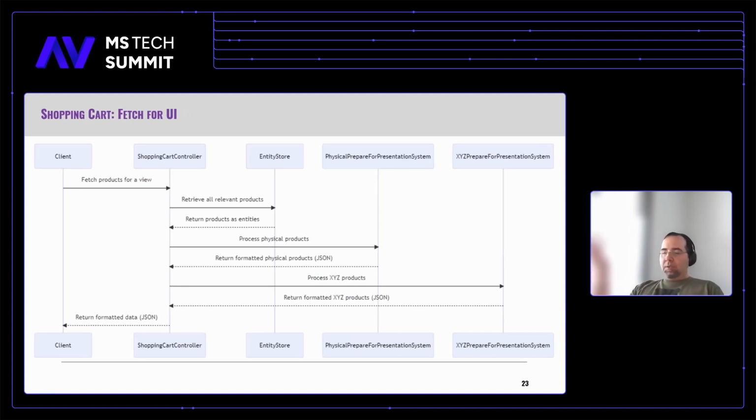For example, for each physical product, there will be a physical UI formatting system, right? But if you have physical and downloadable product, you will have a separate system that might need to take into account the two components that are attached to a certain product, right? And in this case, you will have isolated logic per product type, and the ECS system itself will handle the conditional logic that is inherent to this kind of interaction.